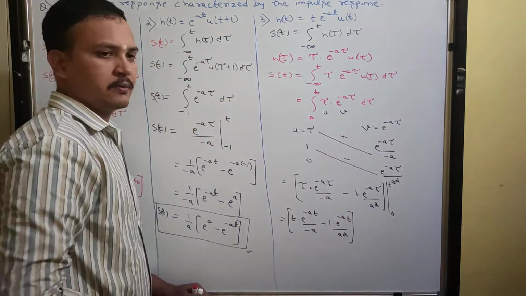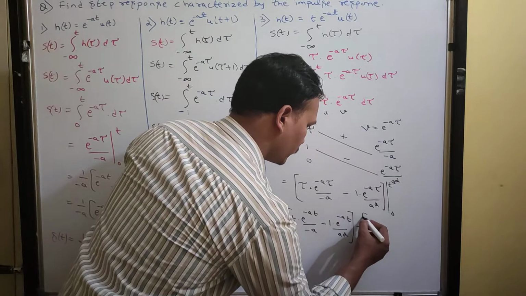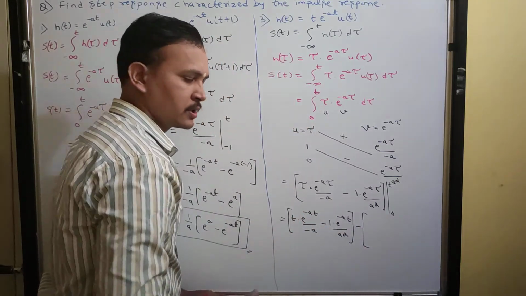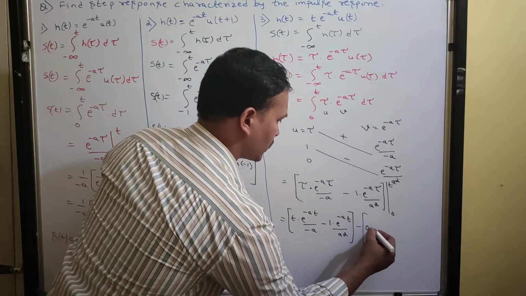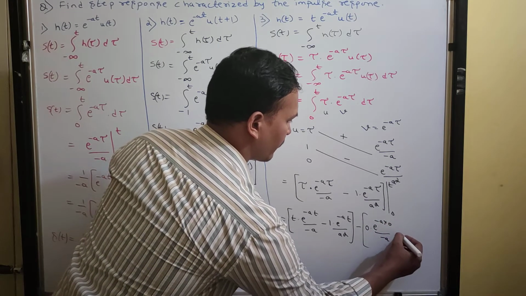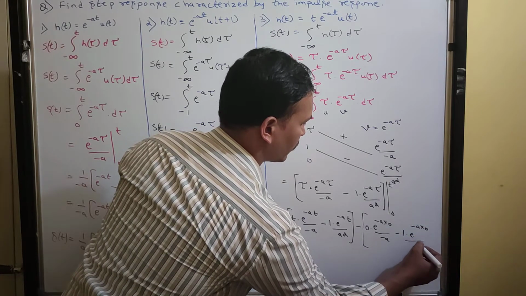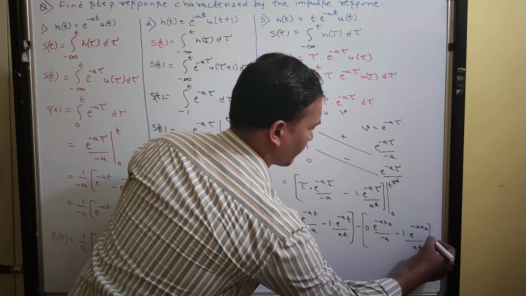For this entire term I applied only the upper limit. Minus, within the bracket, wherever tau is there, put the lower limit: 0 into e to the power of minus a into 0 by minus a, and minus 1 into e to the power of minus a into 0 by a square.